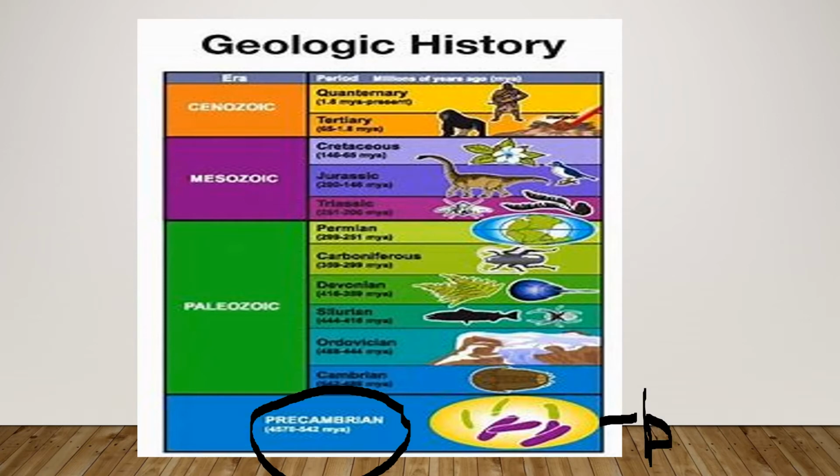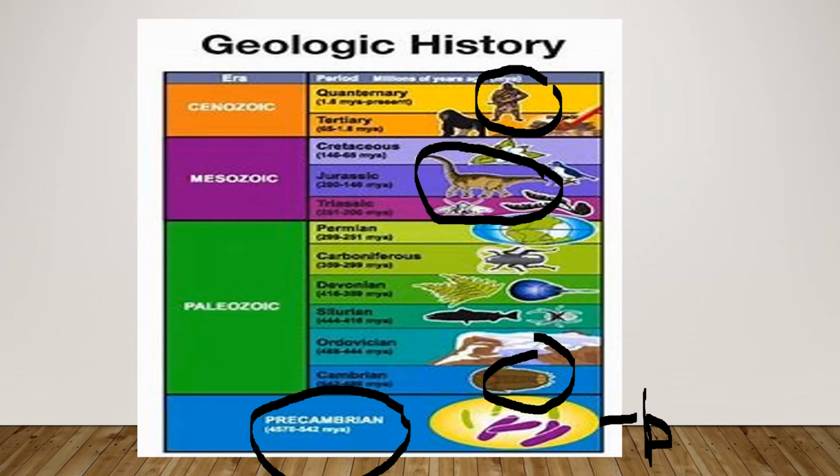So, from the Precambrian period, where bacteria reigned, organisms evolved from trilobites up to the dinosaurs until the age of man. And all these were examined through the rocks and fossils found in our Earth.